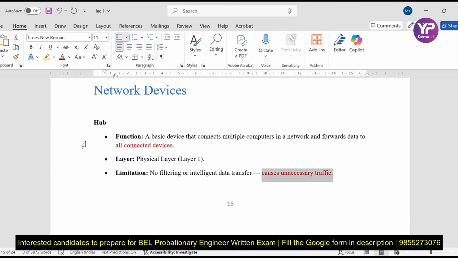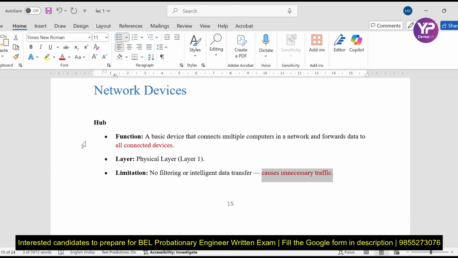Next, which of the following devices connects different network architectures? That is gateway. Fine. A device that connects multiple computers within a LAN.